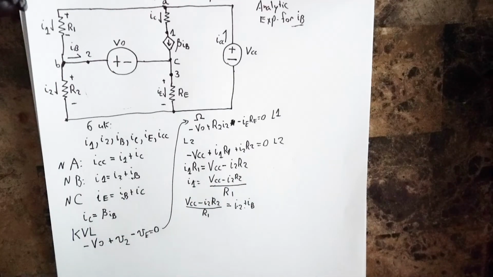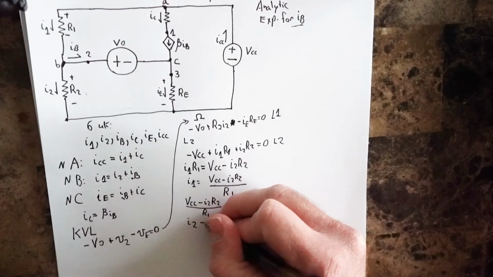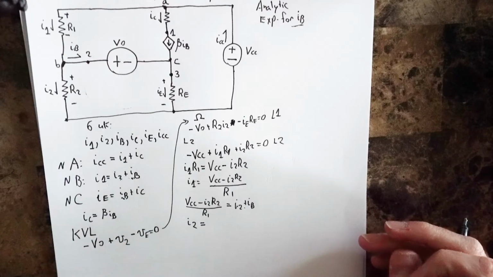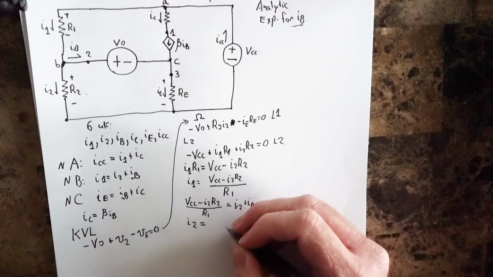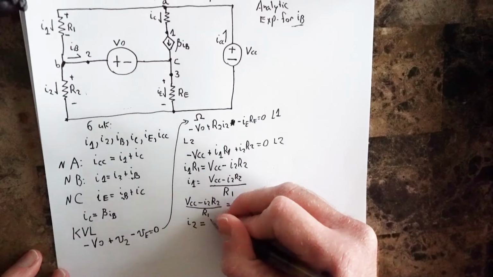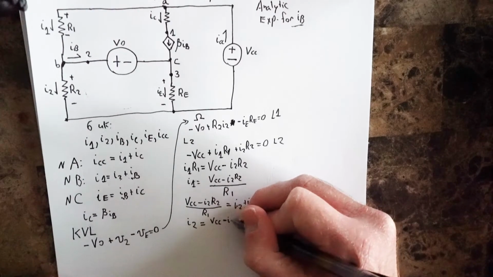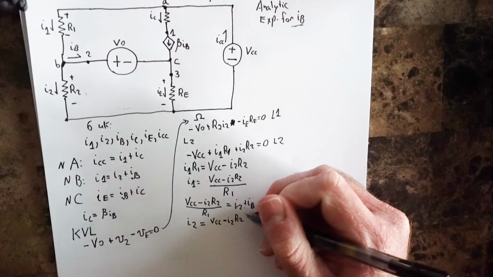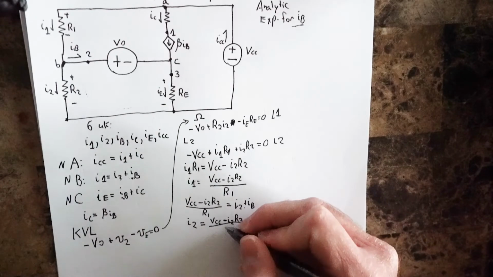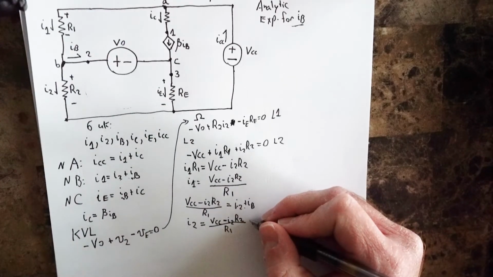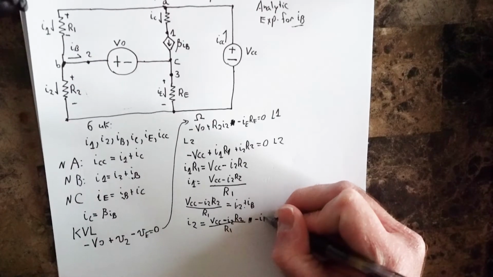So let's go ahead and solve for I2 in this case. So I2 is then equal to, again, plugging this back into here. I2 then is just VCC minus I2 R2 over R1, minus IB. Okay.